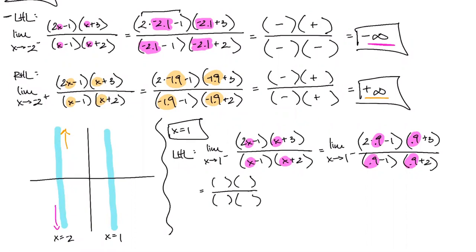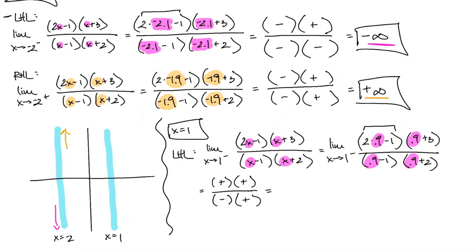Okay, so in this first one, 2 times 0.9 minus 1, that's going to be positive. 0.9 plus 3 is going to be positive, and then on the bottom I get negative and positive. Okay. Does that part of the process make sense?